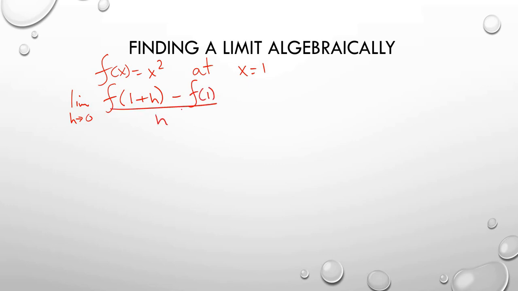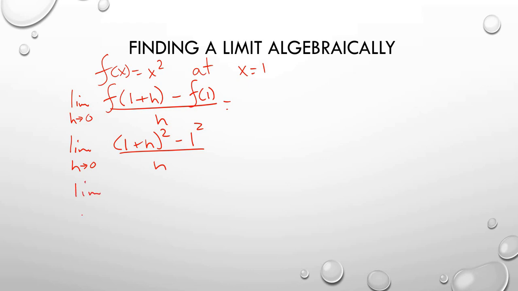So again, I'm still going to use my f of x equals x squared, and I want to find my limit at x equals 1. My formula says the limit as h approaches 0 of f of a plus h, in my case 1 plus h, minus f of a, or minus f of 1, over h. Algebraically, f of 1 plus h is 1 plus h squared. f of 1 is 1 squared.